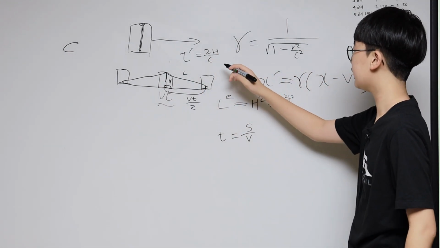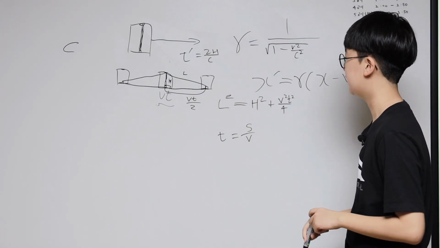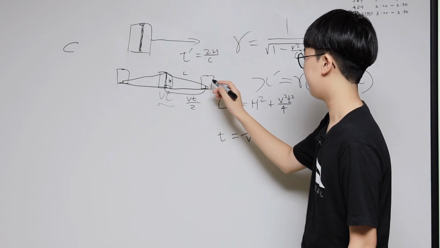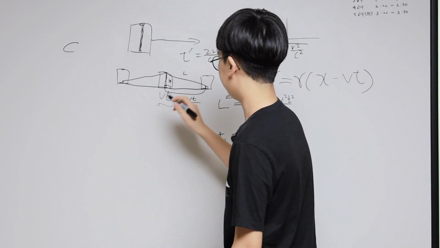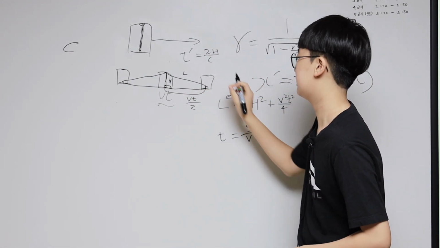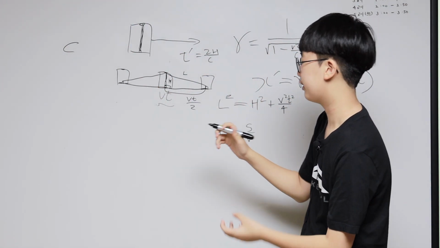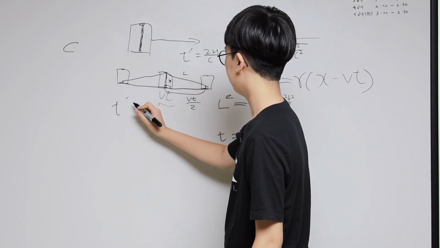So 2h divided by c, because of light speed. And for the L, which is the distance that the light moved for the stationary person, we're just going to call the time t.